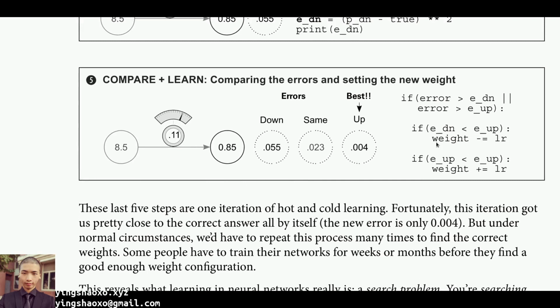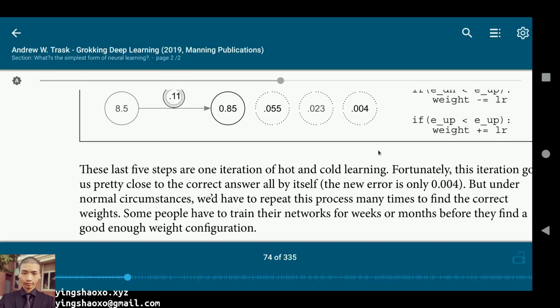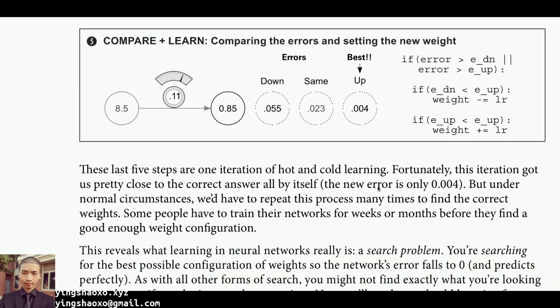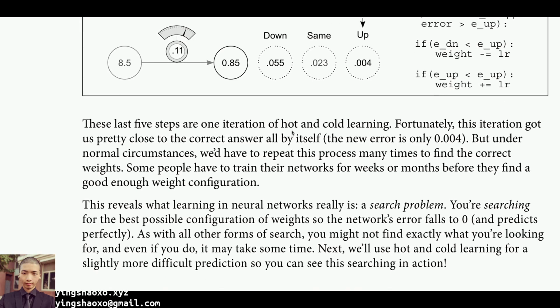Or if the error down is smaller than the error up, we should let the weight go down a little bit. So it's all about finding the best direction, up or down, to make the error smaller. These last 5 steps are one iteration of hot and cold learning.